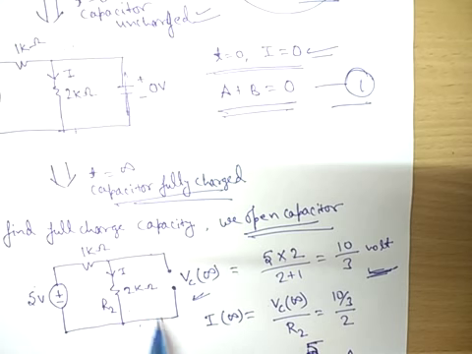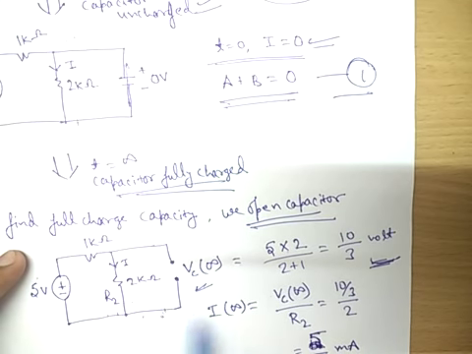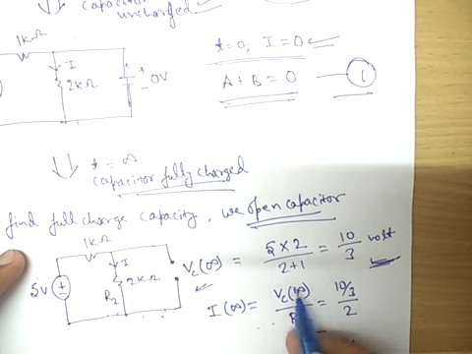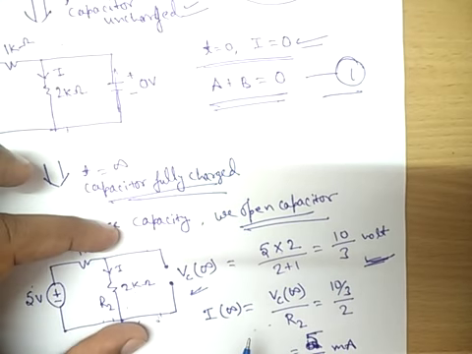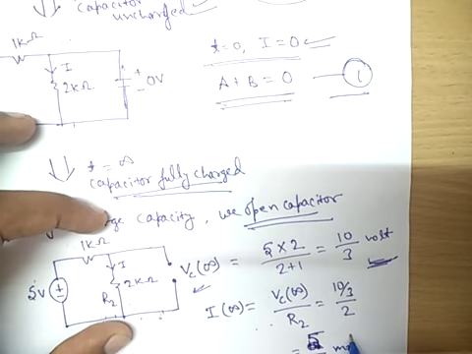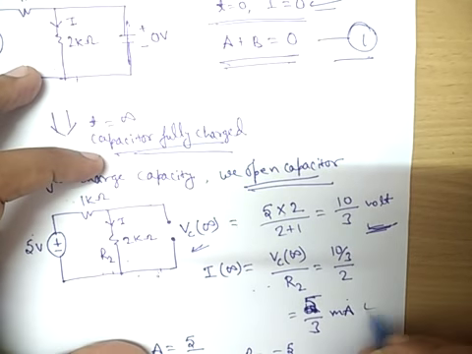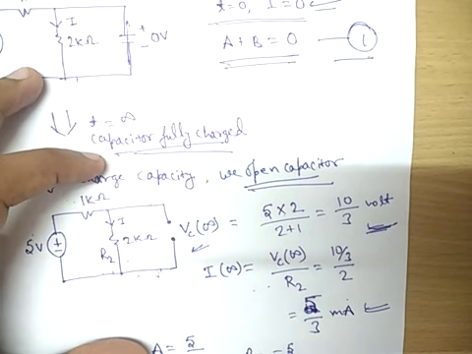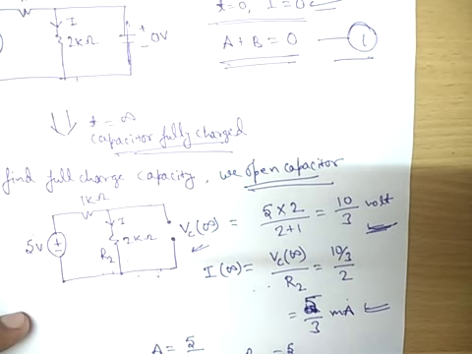Once we have the voltage across the capacitor, the current through the resistance can be easily found: I at infinity equals Vc at infinity divided by R2. The voltage across this resistance is 10 by 3, divided by 2, so the expression comes to 5 by 3 milliampere. This is the final value of the current.